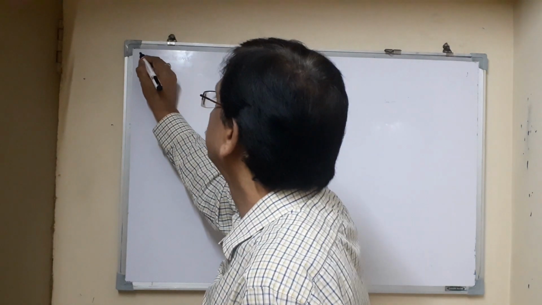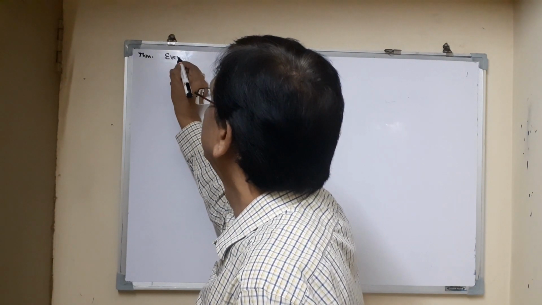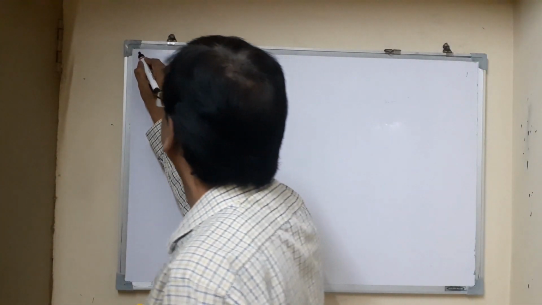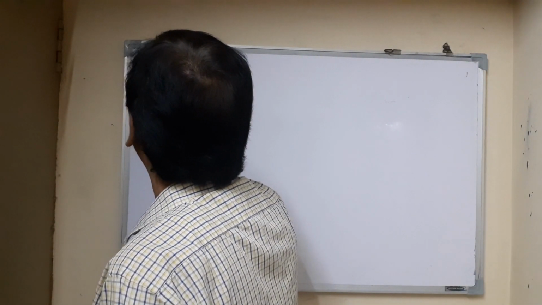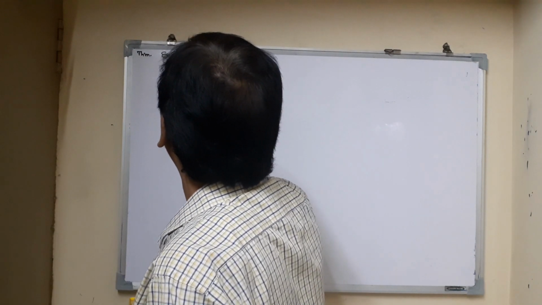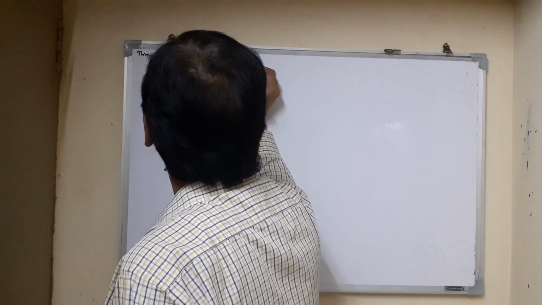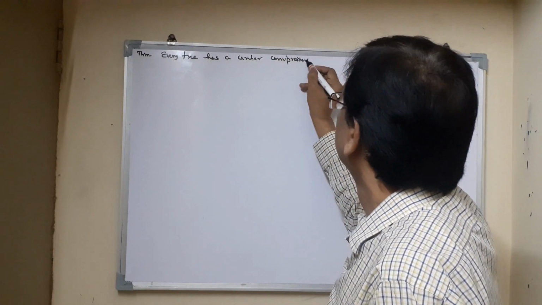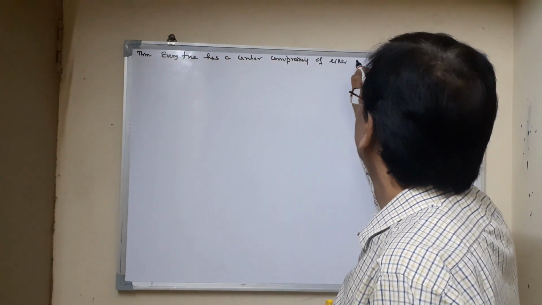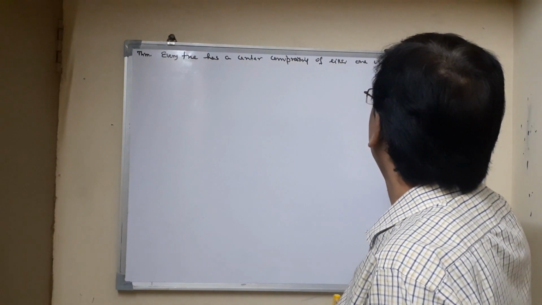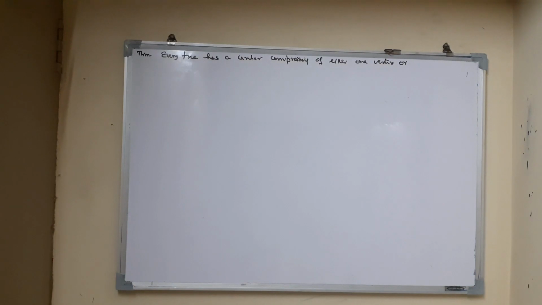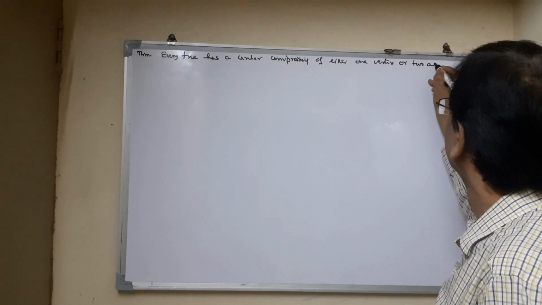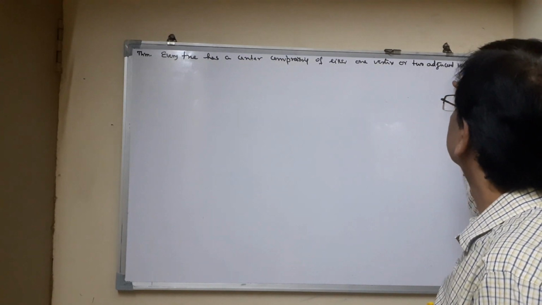Now, I have the following theorem. Every tree has a center comprising of either one vertex or two adjacent vertices.